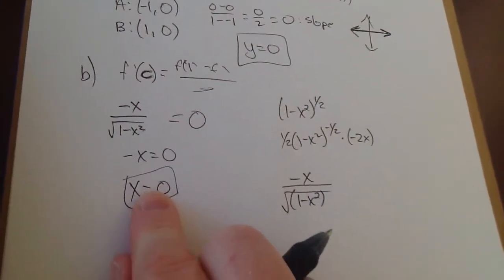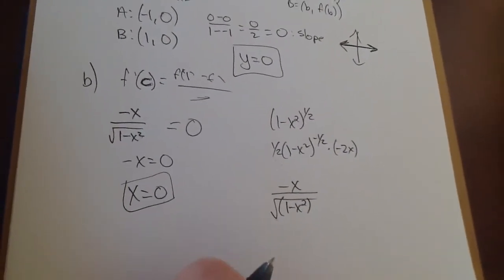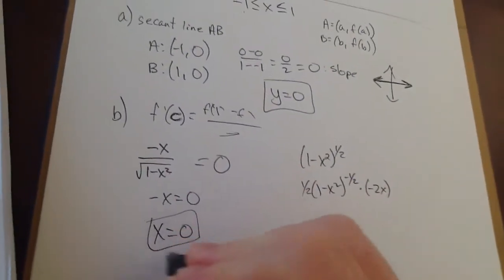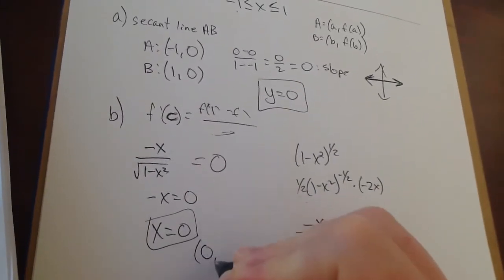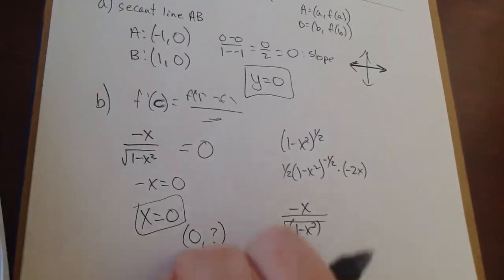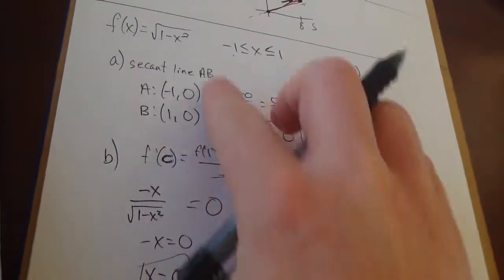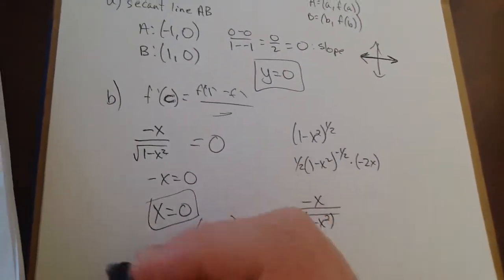So this happens at x equals 0 and the slope is 0. All we have to do is figure out the y value when x equals 0. So 0 comma what? Don't plug that into your slope equation. We know the slope equals 0 when x is 0. We want to know the value of y when x is 0, right?